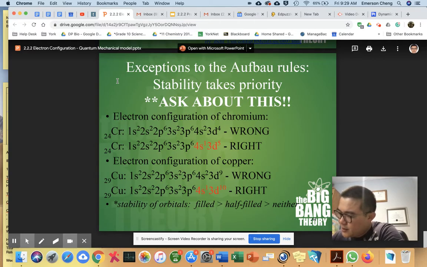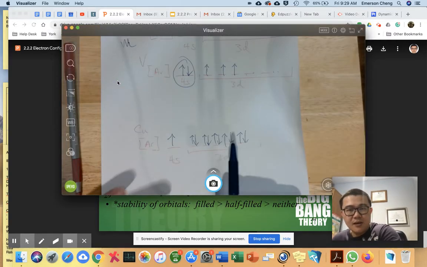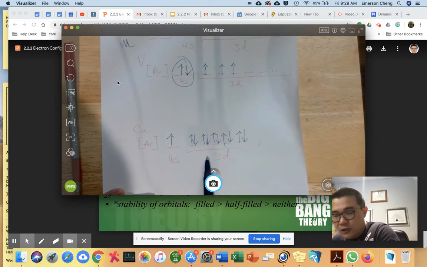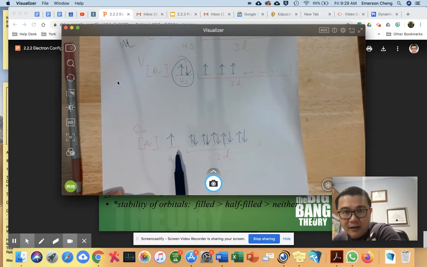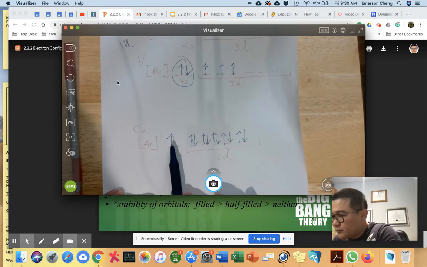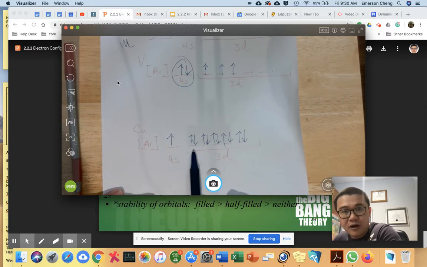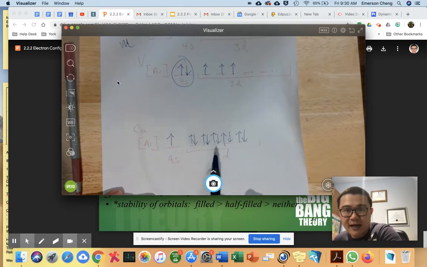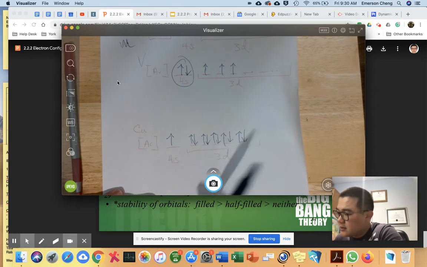In this case, yes, the 4s is the lower energy level, so you should fill that one first. However, in this case, you are having all 5 slots entirely filled, and this is the part which causes it to be more important.